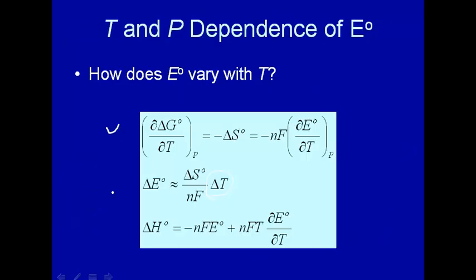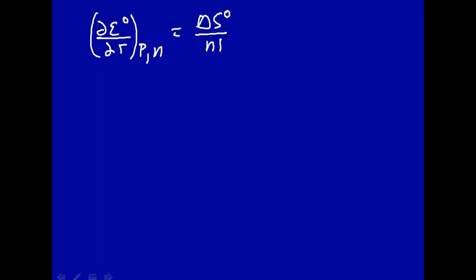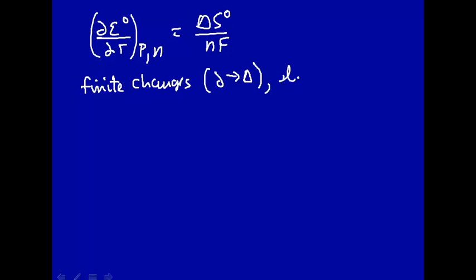Let's look at this equation here. What we had was how E0 changes with temperature at constant pressure and number of moles is equal to the standard entropy change over NF. So let's make some finite changes. In other words, the derivative goes to a delta, and assume we have a linear dependence.